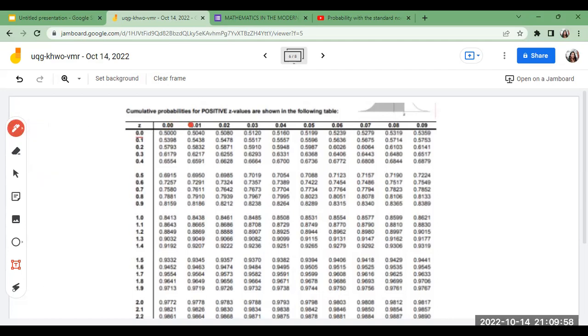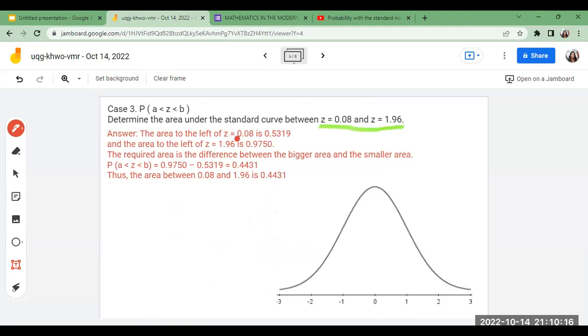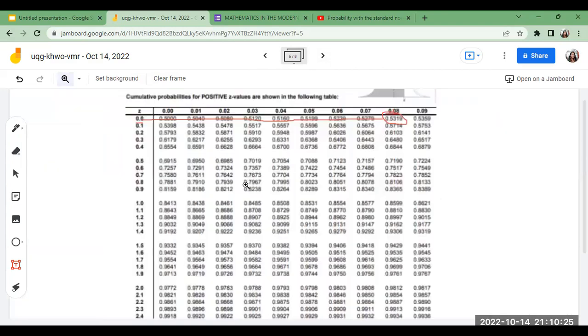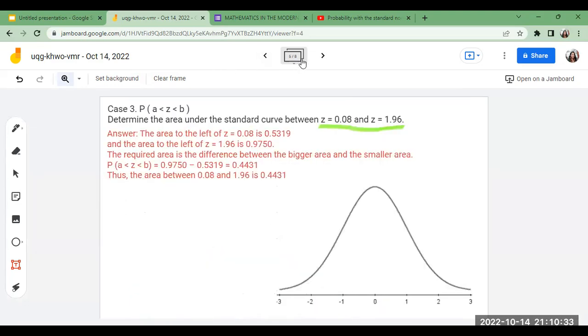Here it is, where the two meet, and then this one. So that is 0.5319 for 0.08. And then the area to the left of Z equal to 1.96. That's positive again, so we will use the positive Z values table, positive 1.96.